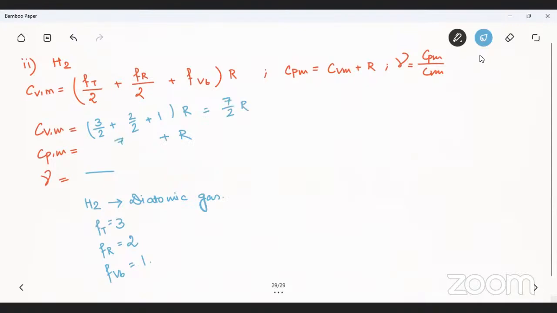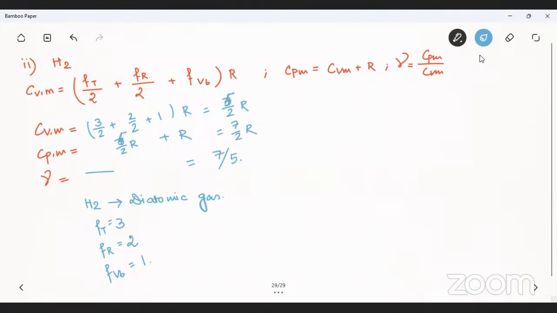It is 7 by 2 R plus R. How much is it coming? No, it is coming 5R by 2 for CVM. CPM is coming 7 by 2R. And then the ratio will be coming as 7 by 5.